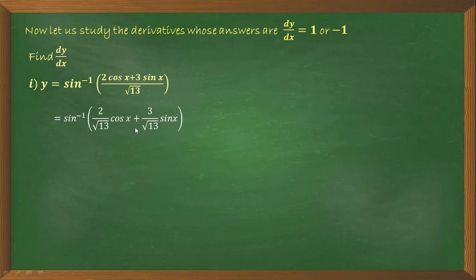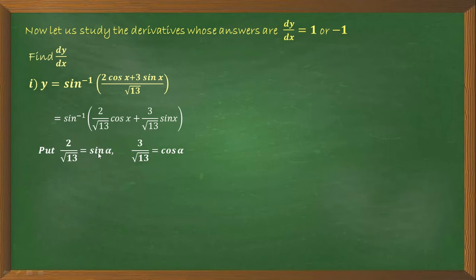Now to get the simplification, there is a special adjustment. See, these are two constants, 2 upon root 13 and 3 upon root 13. Now if you consider 2 upon root 13 is equal to sin alpha, means for any angle alpha, we get sin alpha is equal to 2 upon root 13, and for any angle cos alpha, we get 3 upon root 13.